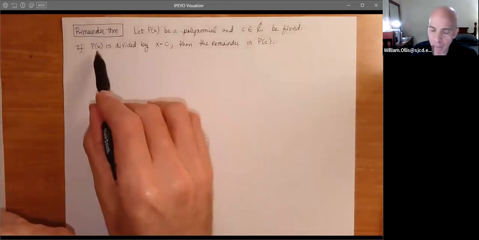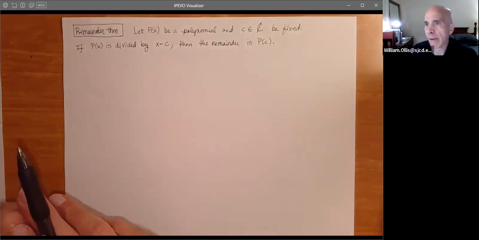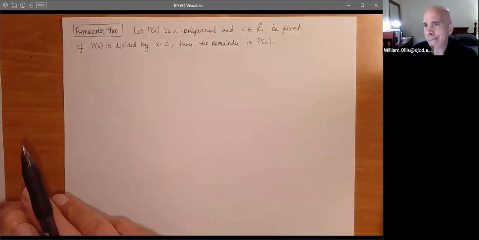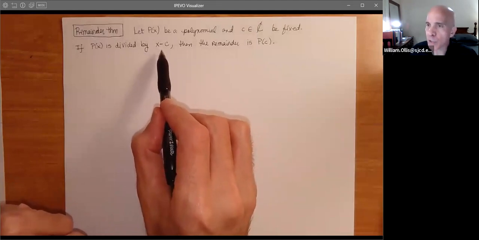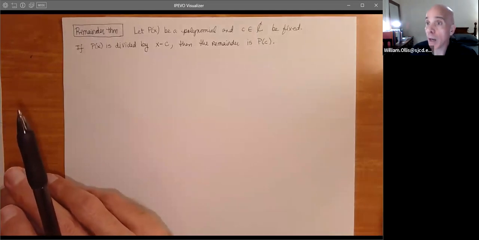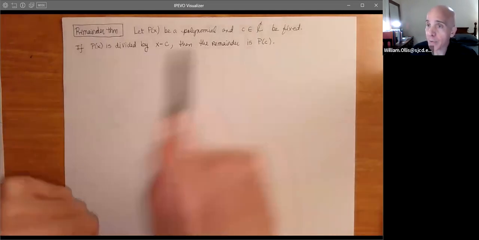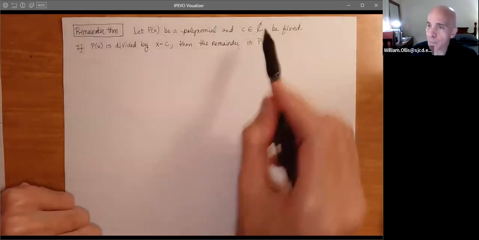Professor Ron, you said divide P of X by X minus C, and that's degree 1. So the remainder will have to be degree 0, which is a number. So that's the number right there. You evaluate P at the fixed number C.